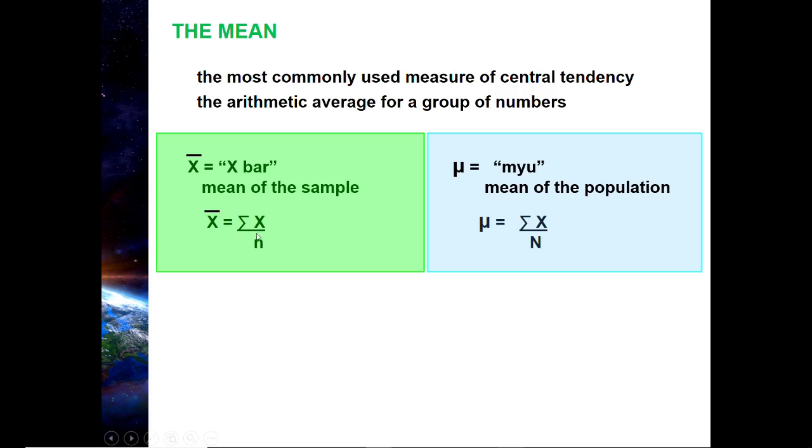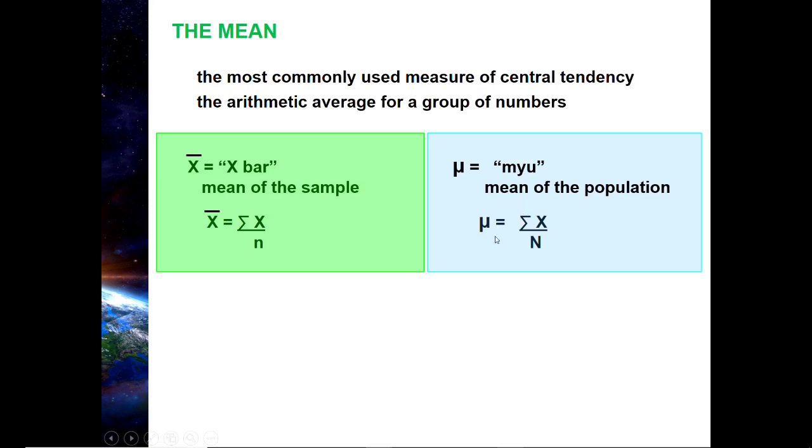All right, but so if you see it, sigma, in this context, you know it just means add up all your scores. So X bar, mean of the sample, you take all the scores in your sample. Oh, that's my 5-minute warning here. Take all the scores in your sample and divide by the sample size, the number of scores.